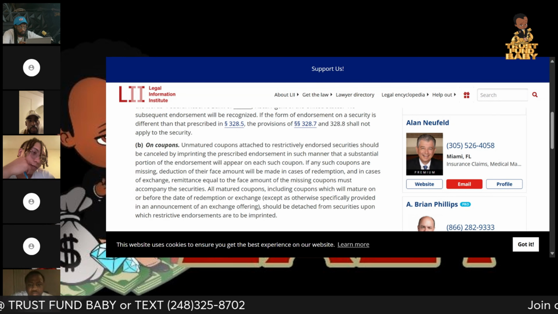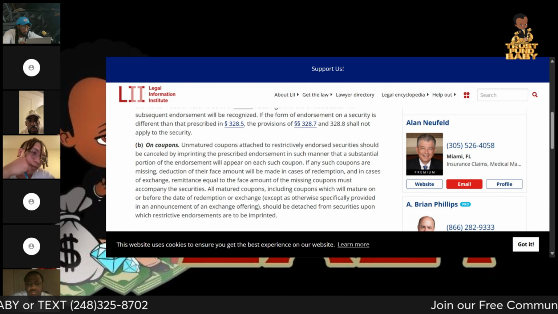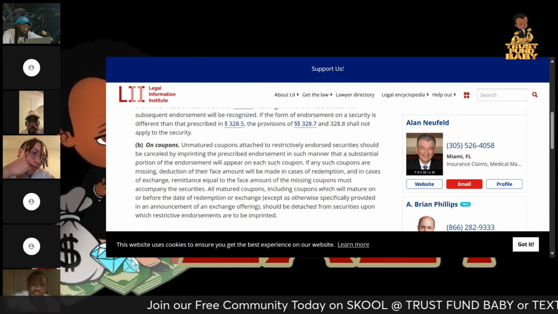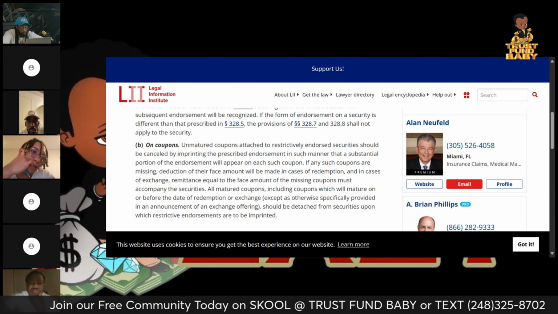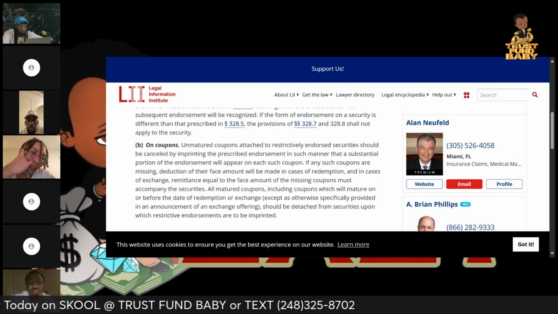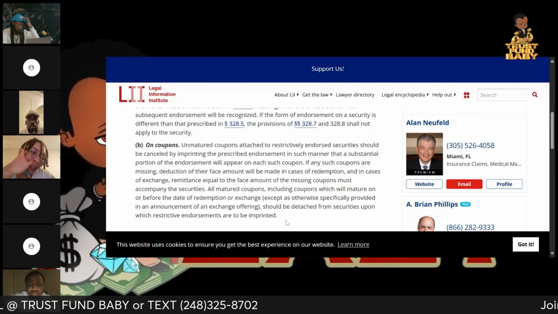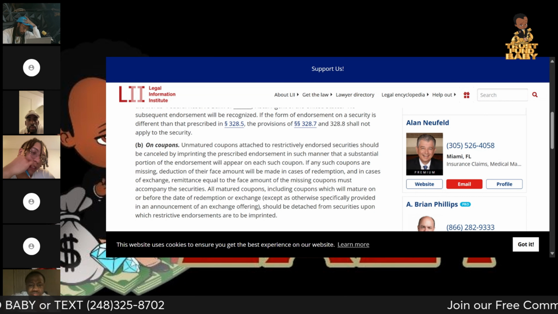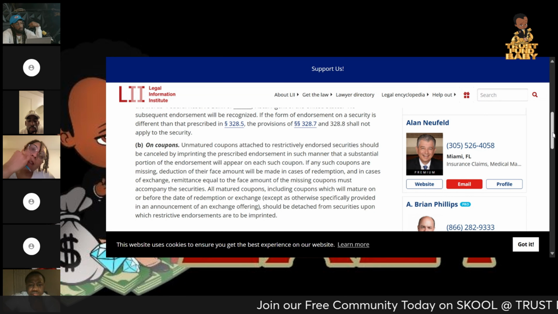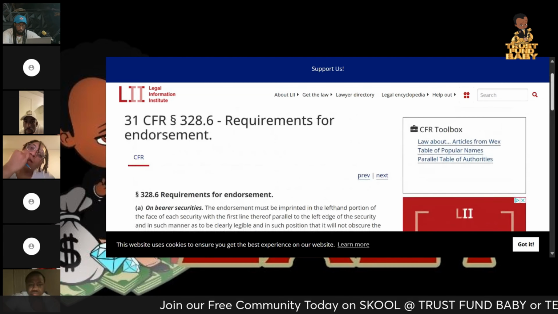All matured coupons, including coupons which will mature on or before the date of redemption or exchange, except as otherwise specifically provided in an announcement of exchange offering, should be detached from securities upon which restrictive endorsements are imprinted. Main reason why you leave it attached, right? This is their laws, not making this up for you.